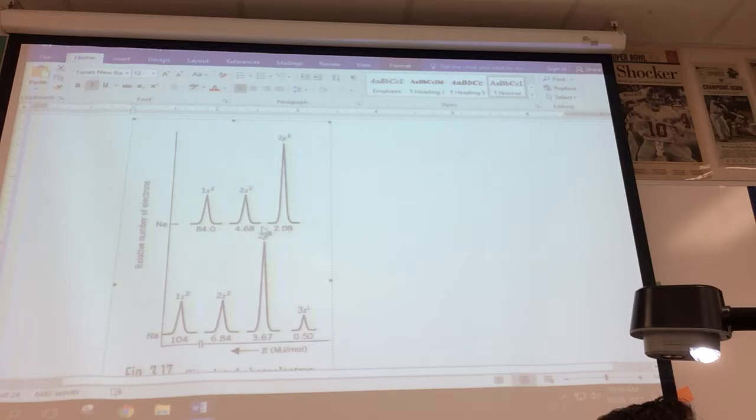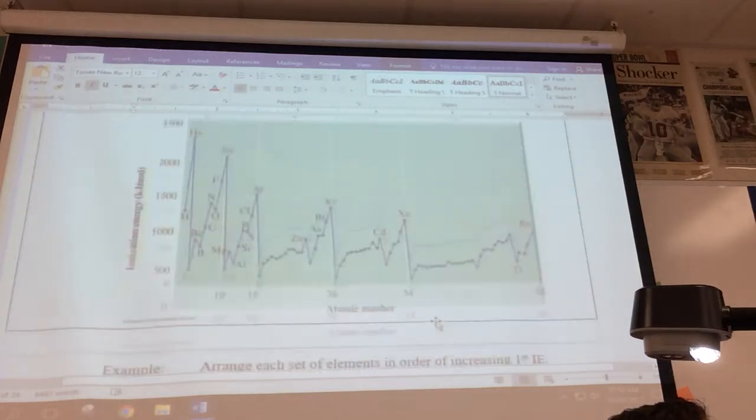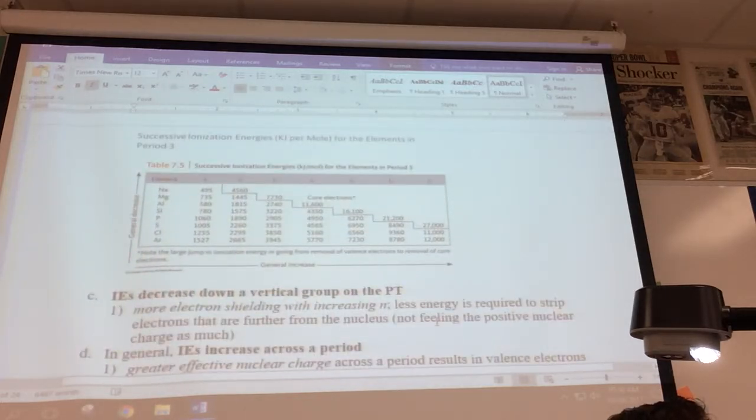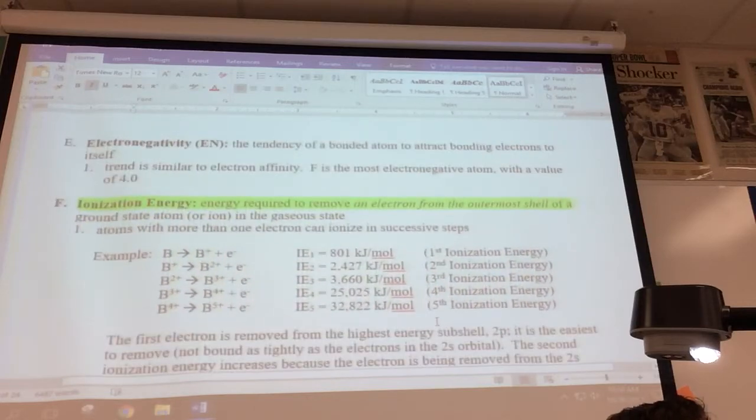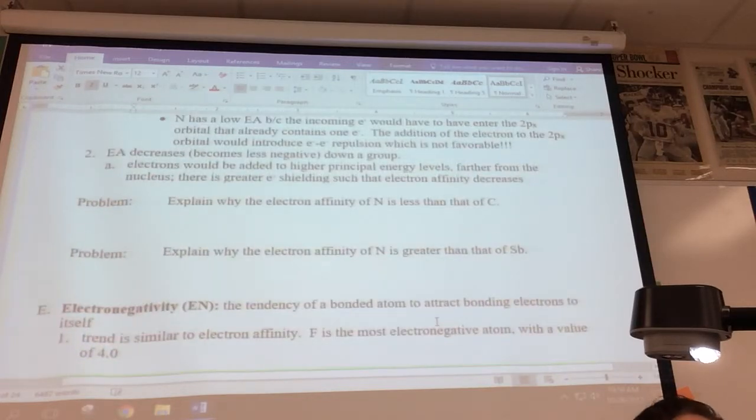But you'll also see that in the second shell, electrons in an s versus p sublevel have different binding energies. These are not bound as tightly as these. But we will go into that on Monday, I promise. So accept it for now, please, and as it all comes together on Monday, it'll make more sense.